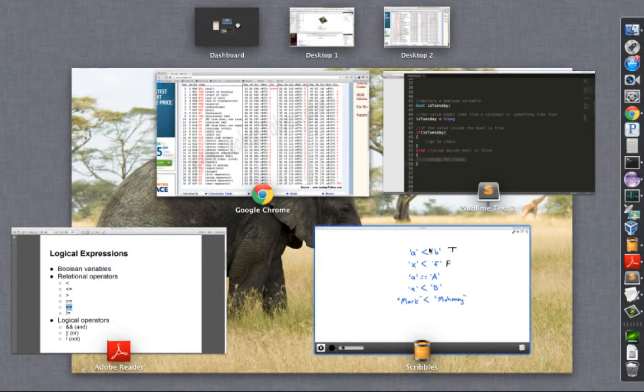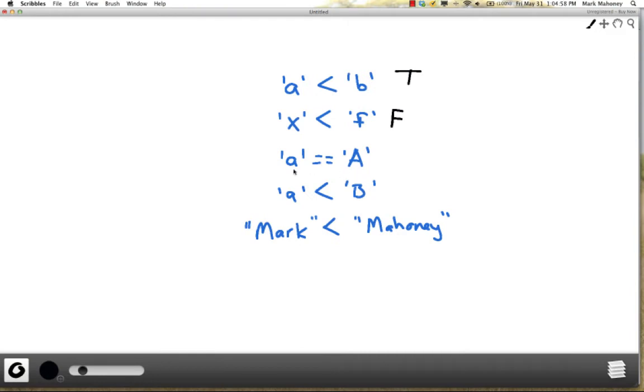What this means to us is that if we compared lowercase a to uppercase A for exact equality, unfortunately the program would tell us, well, no, that's false, because this one had one numeric value and this one had another. Maybe even more confusing is if we say, is lowercase a less than uppercase B?